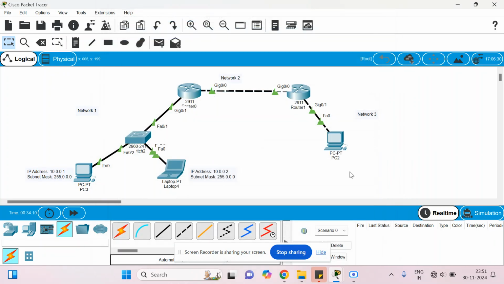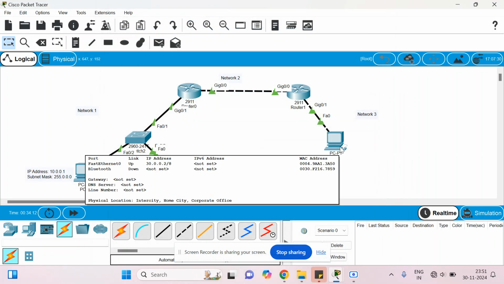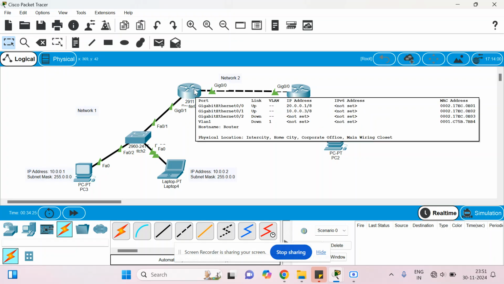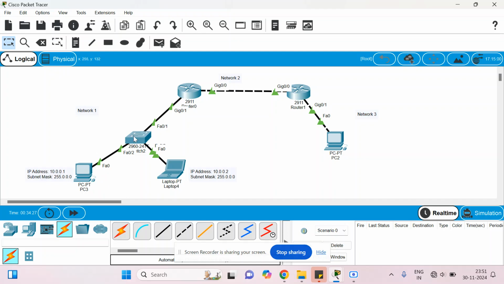Now next task is gateways. How many gateways are here in this network? Three networks and two gateways are there. For this first network, network 1, there is this gateway. This gig 0 by 1 of router 1 acts as a gateway for this LAN network 1, for these two machines.